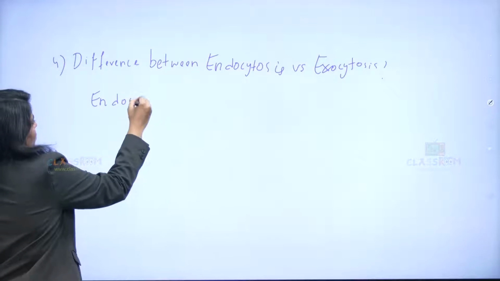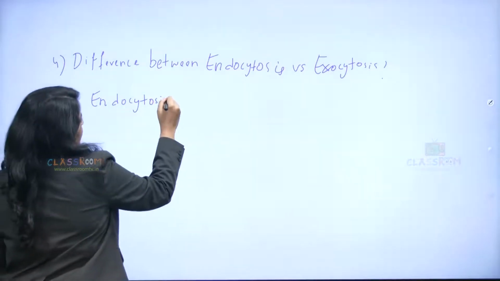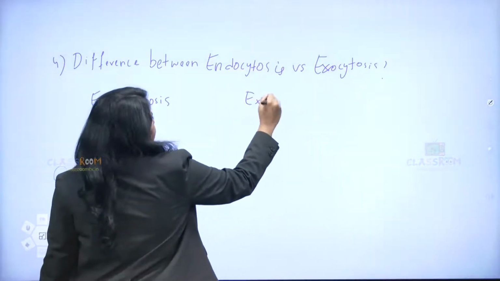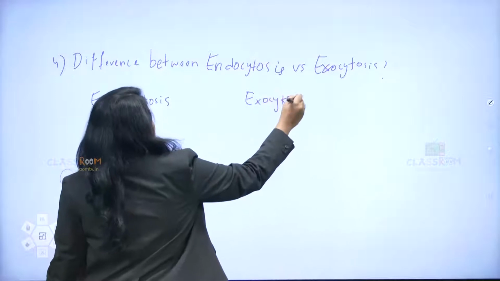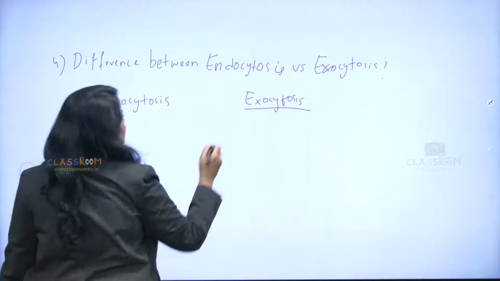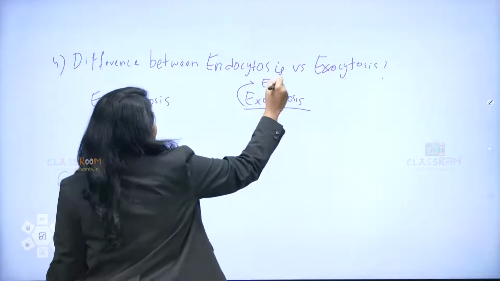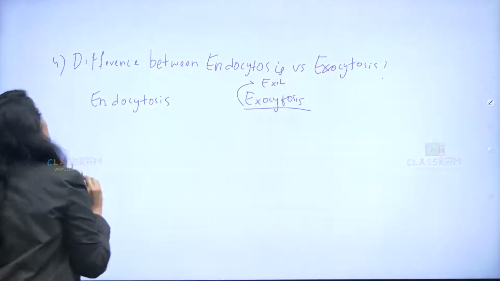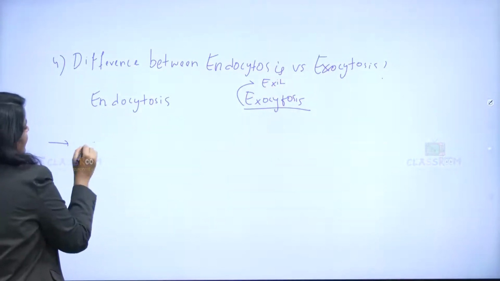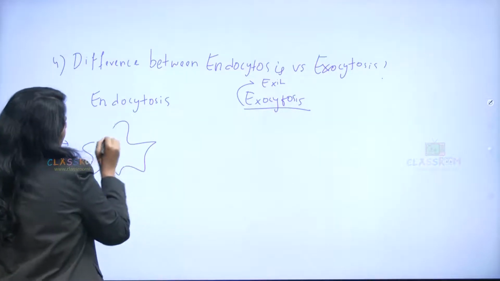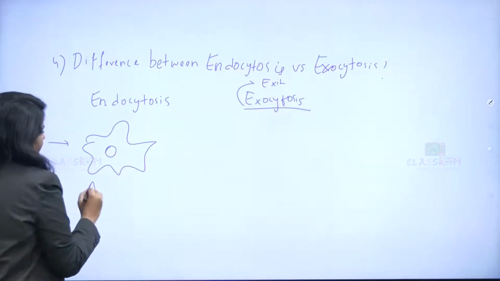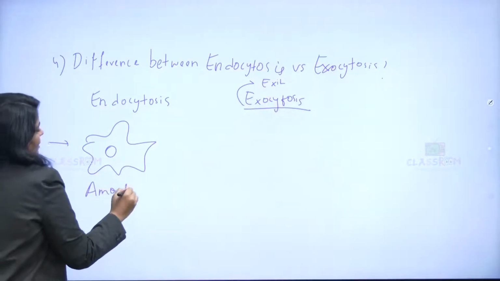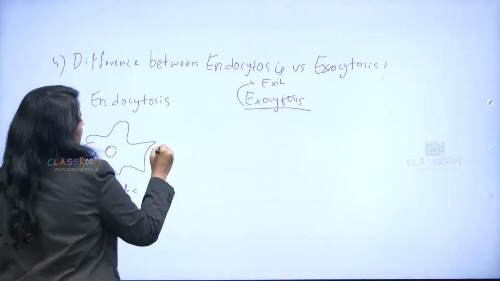Now coming to endocytosis. Like by the name itself I told you, remember exo stands for exit. Okay, so endocytosis, a clear example is amoeba. Now think this is an amoeba. Now it sees a yummy food particle.